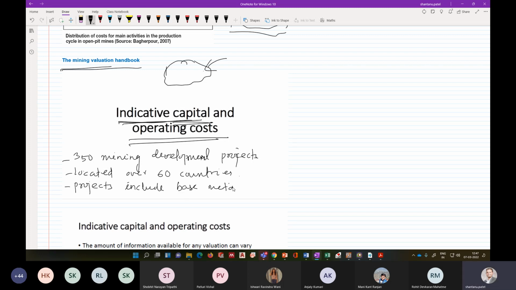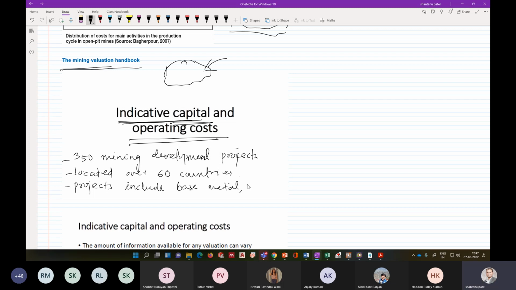What is this base metal, Sobhit? Like iron. Yeah, iron is an example of base metal. But what is base metal? No idea. Like metals which are not precious, right? Those are base metals.